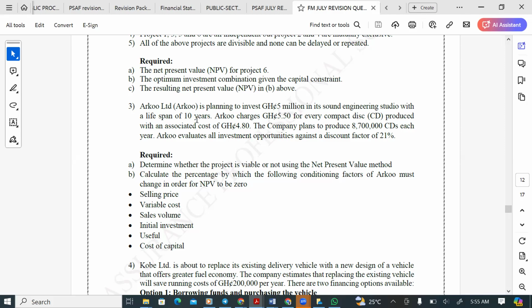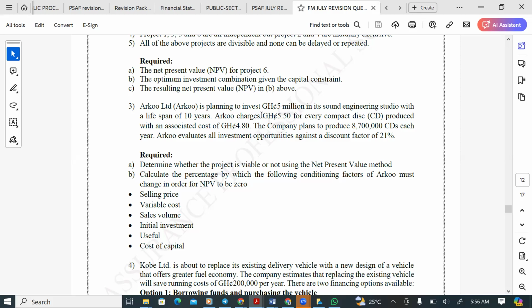So we'll be looking at them one by one, although we have solved questions like this before. If you are doing sensitivity analysis, the focus is not about computation of the NPV, so they will not give you too much information on the NPV. You can see that they have given very simple information on the NPV.